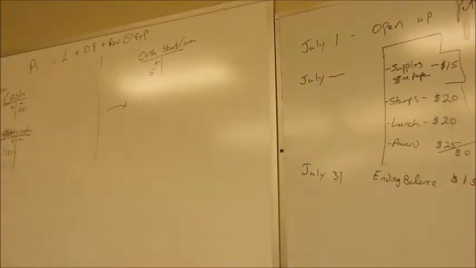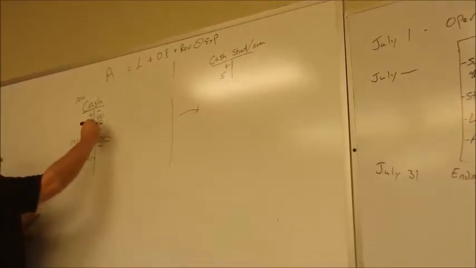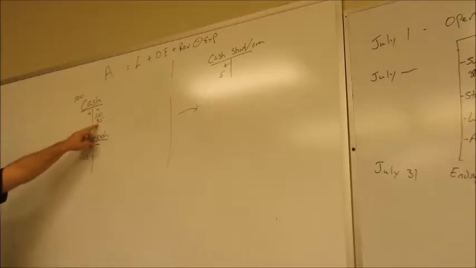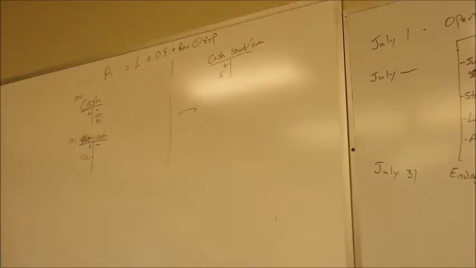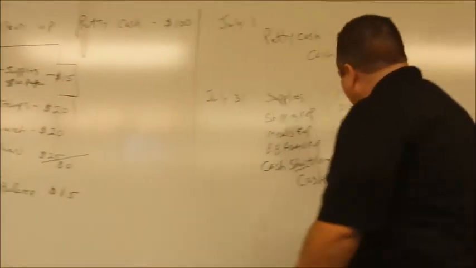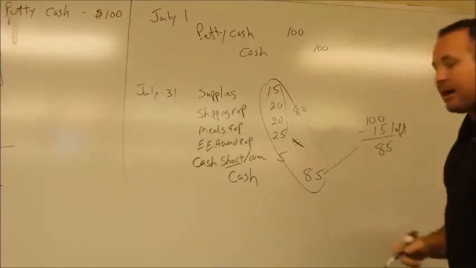So now August 1 comes, I now have $100 in my petty cash, and I'm down another 85 out of my bank because I made a withdrawal. Yeah, we had 80 here, and we needed to get to 85.